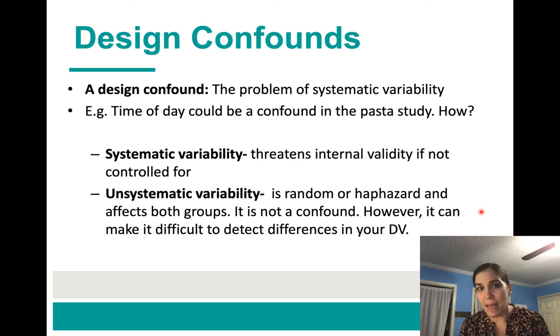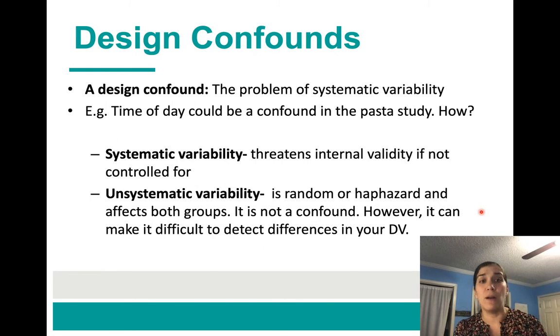And that's okay. What we want to make sure is that we control for these confounds that are systematic variability, such as the time of day. We want to make sure we give them the bowls 20 minutes before lunchtime, right? So that we can kind of understand hunger level, right? People tend to be hungry around 11:30, noon, more so than they're hungry around 1:30, for example.